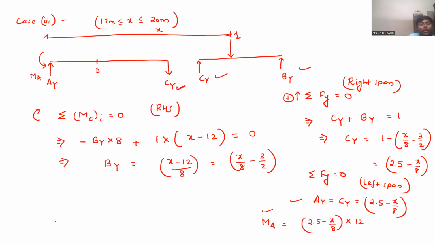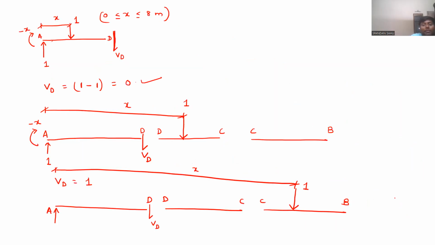You have calculated it only. Tell me, in this slide only I have written it somewhere. This value, AY, is 2.5 minus X by 8.